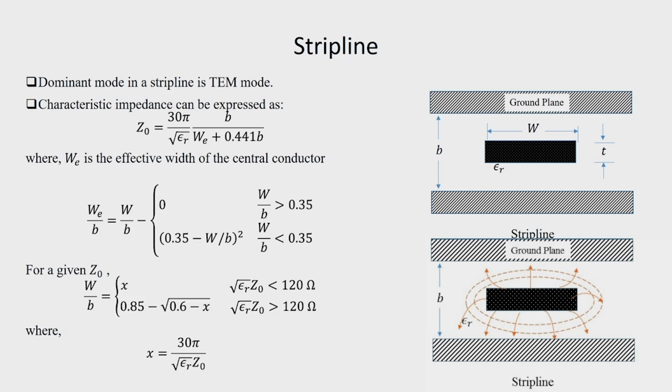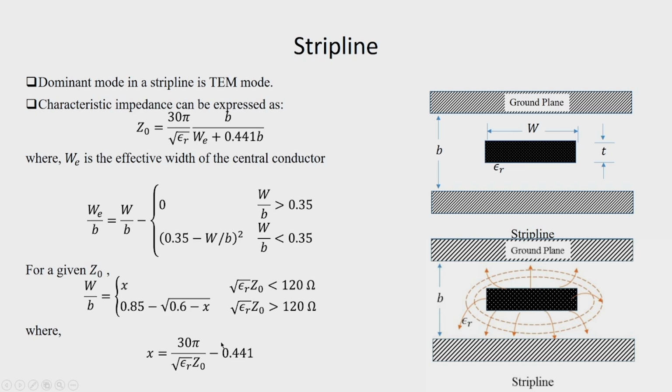We first choose the dielectric constant epsilon r, and then we find out this factor x, which is 30 pi divided by root epsilon r into Z naught minus 0.441.